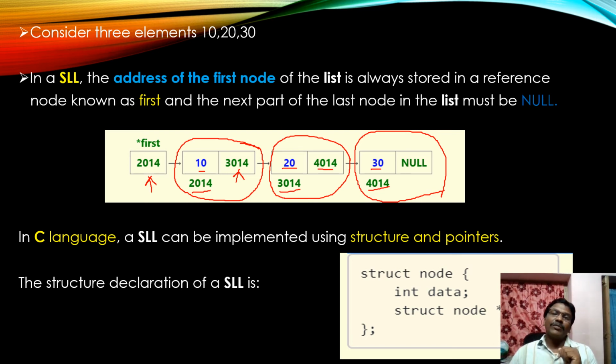The next node, value 30, has no next node. That's why its next is null.